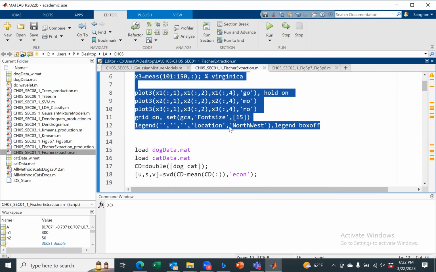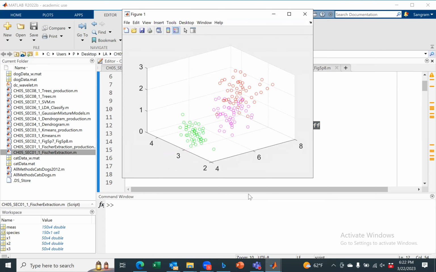Once you run this code, you would notice I'm going to just plot 3 features. On the x-axis, you have sepal length, on the y-axis you have sepal width, and on the z-axis, you have petal length.